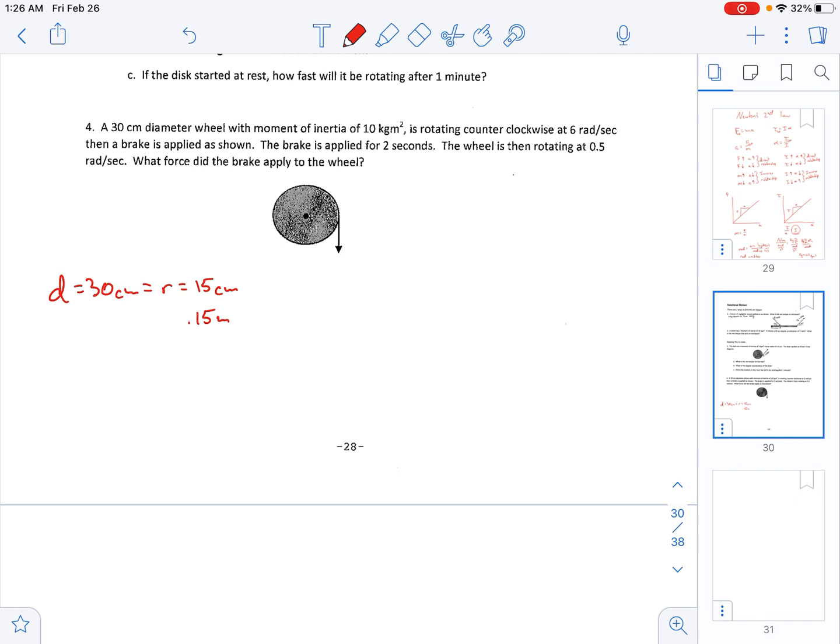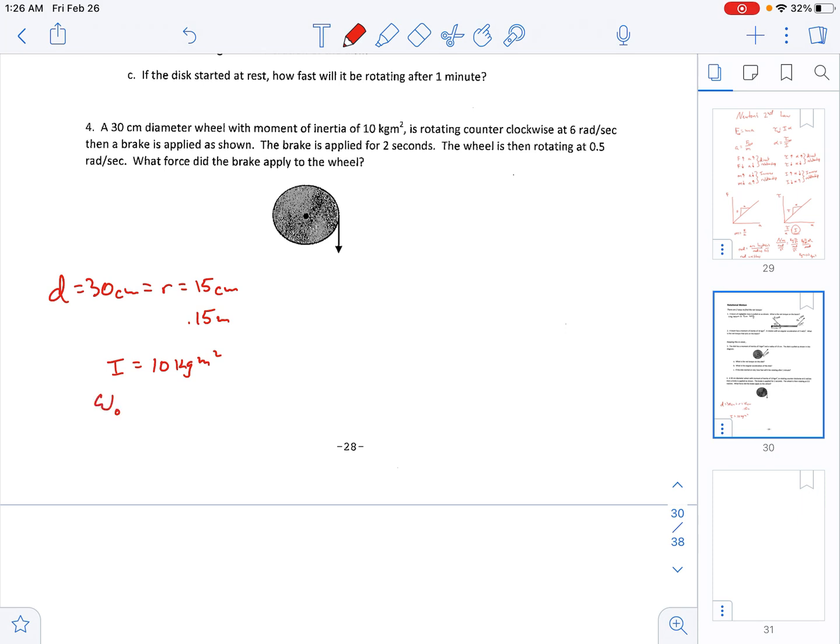We have a moment of inertia. Remember, moment of inertia is just another way of saying rotational inertia, of 10 kilograms meters squared. We've got a counterclockwise rotational velocity of 6 radians per second.